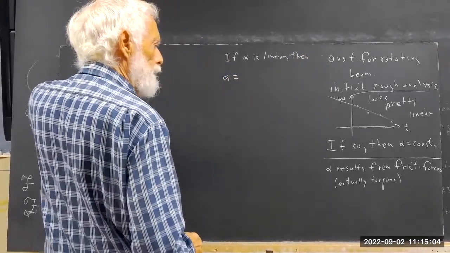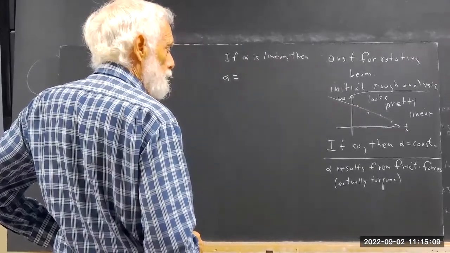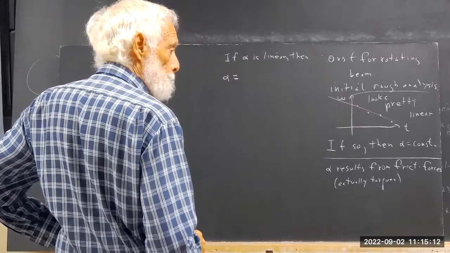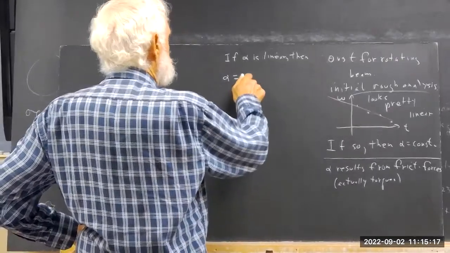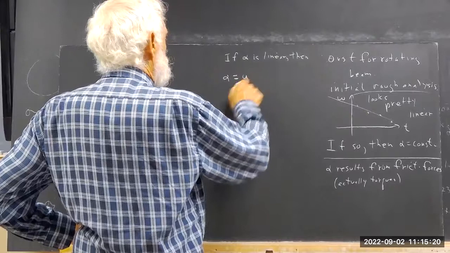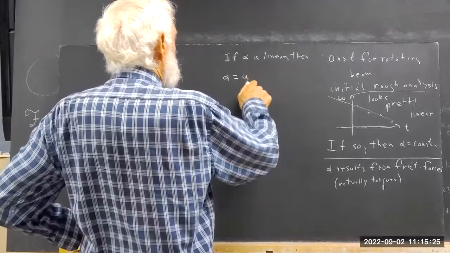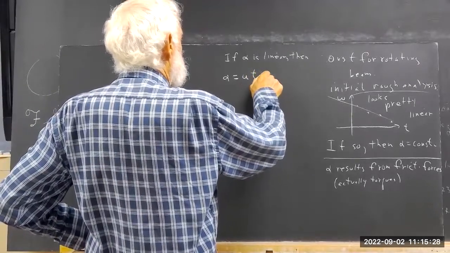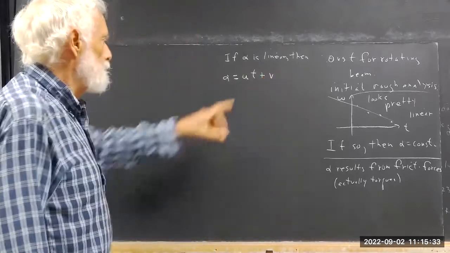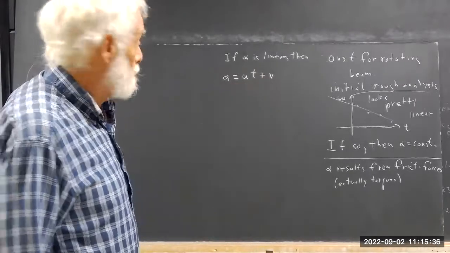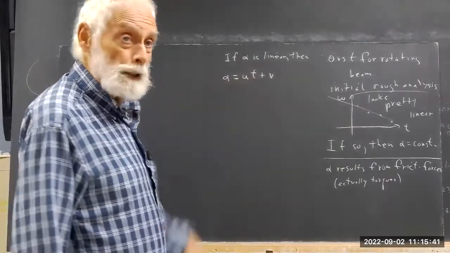So if alpha is linear, then alpha equals, I don't want to use A, B, and C, the parameters. So I'm just going to say, all the letters have connotations. I'm not going to worry about that. Okay, let's just use U and T for the slope and intercept of the straight line alpha graph, right?